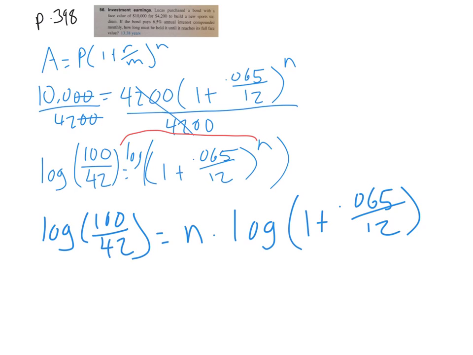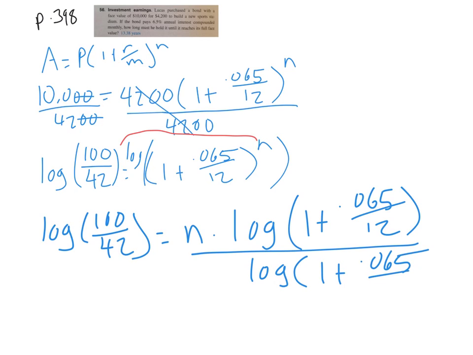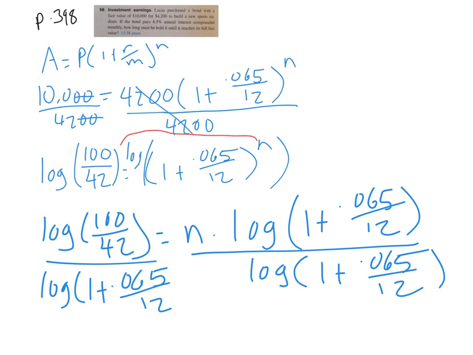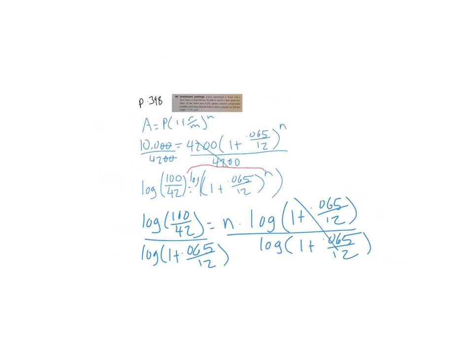And this is just a number, so if we want to solve for n, we can literally divide both sides by this logarithm. It cancels out here, and our answer will be whatever we get out of throwing this whole thing in the calculator.